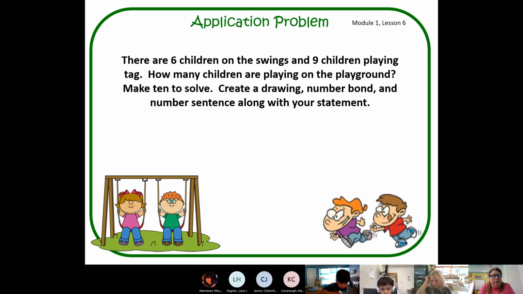Then 10 plus, what was the other part? 5. So 10 plus 5 equals what?